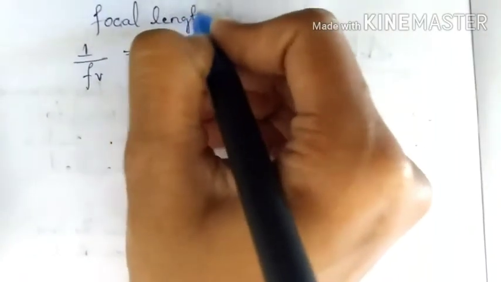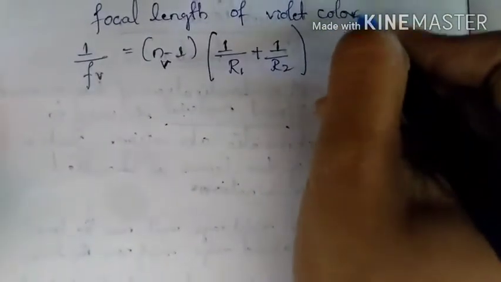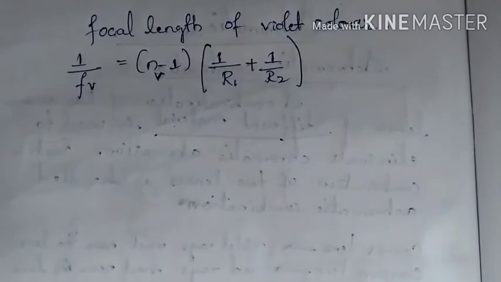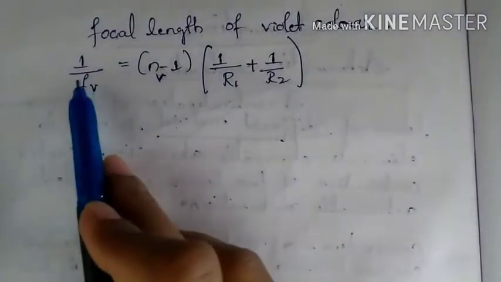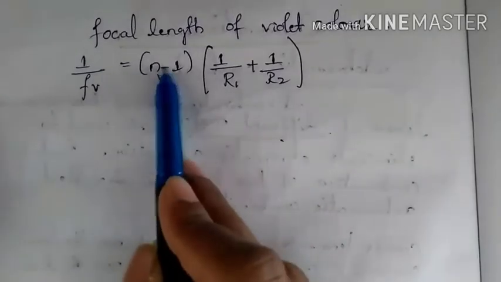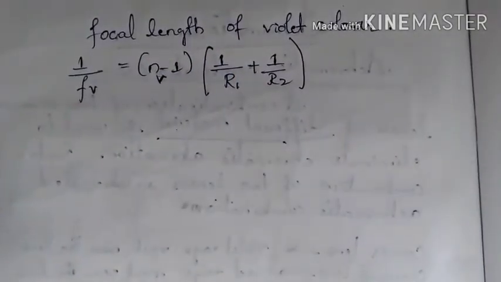So this is the focal length of the violet ray, or the focal length of violet color. So for violet color we are writing 1 by Fv is equal to (Nv minus 1) multiplied by (1 by R1 plus 1 by R2).